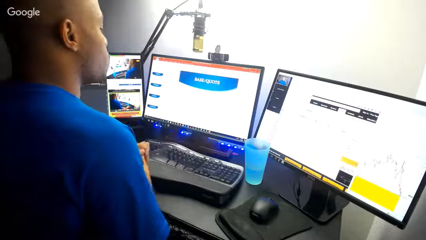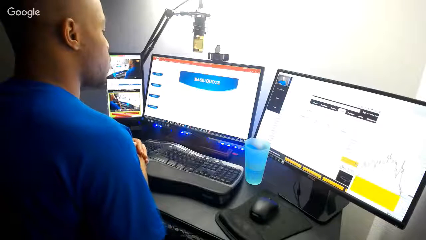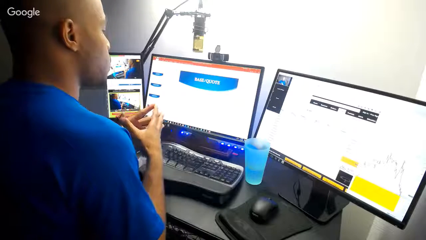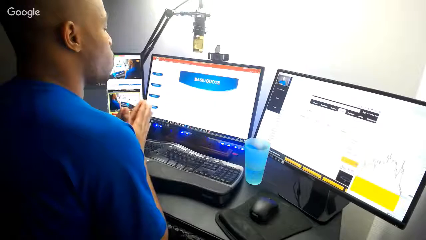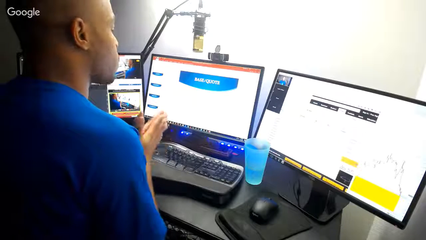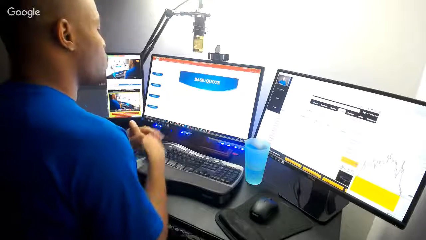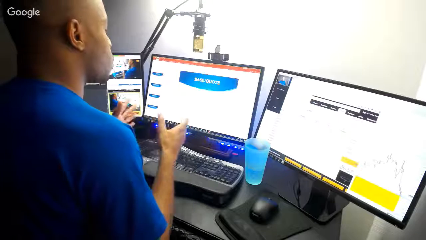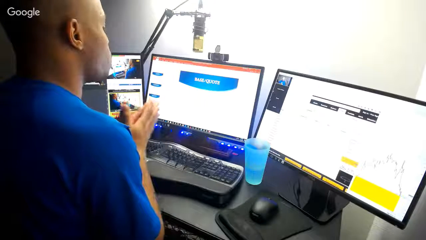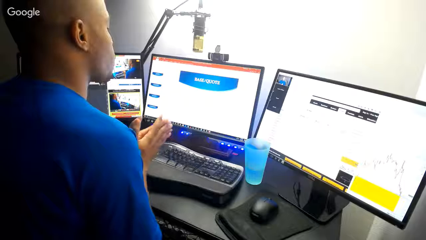So we're going to take the Euro USD in this example, and we're going to say the Euro USD is equal to 1.1220. Okay. The base is the Euro, the quote currency is the USD, and it's going to be associated with the value 1.1220.